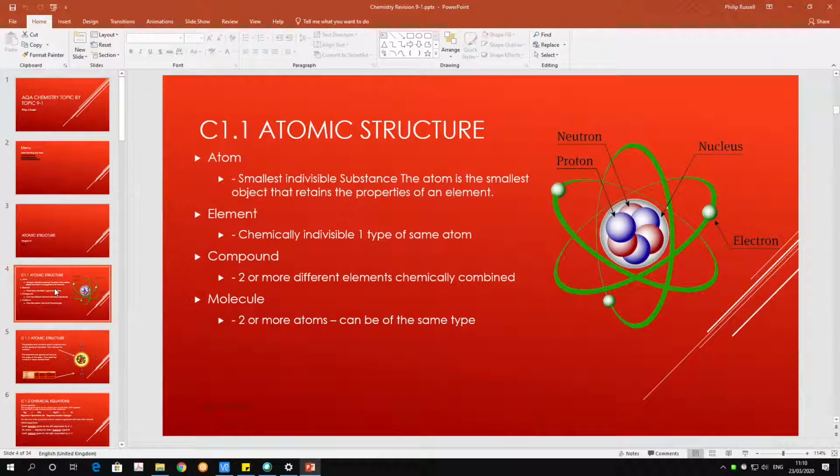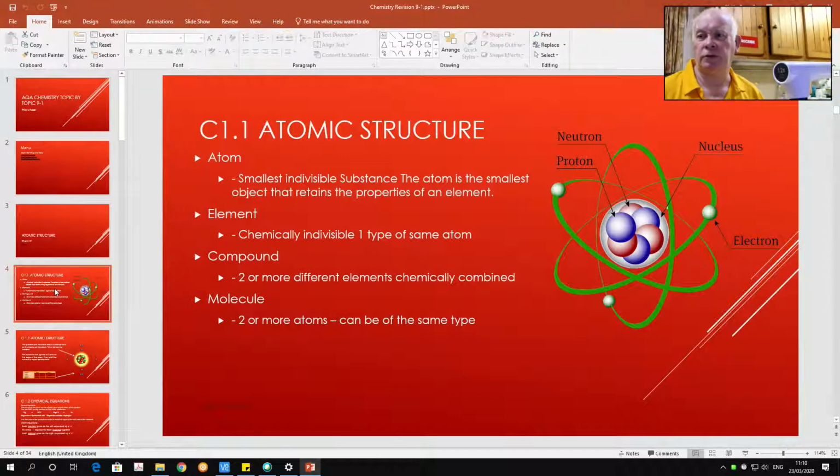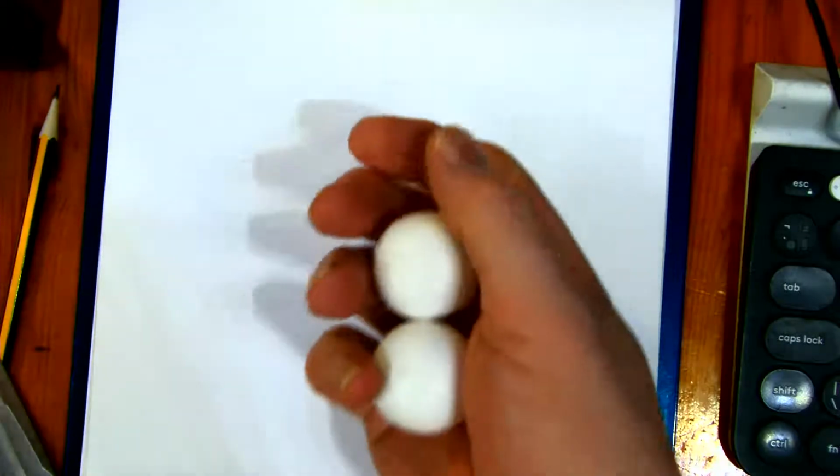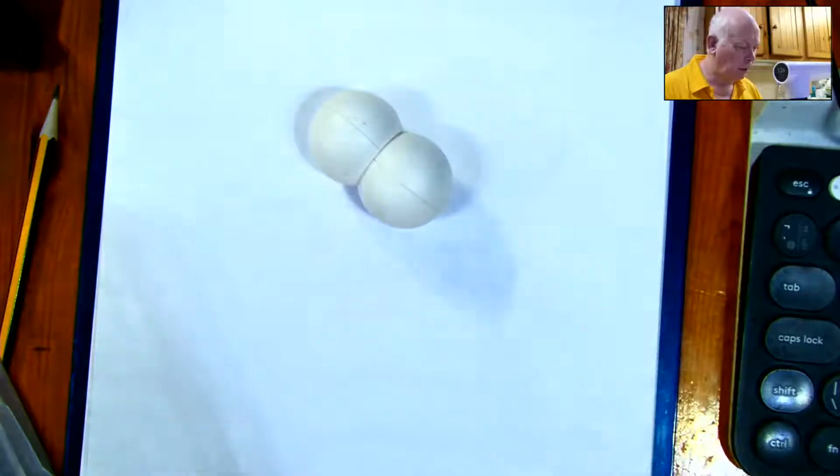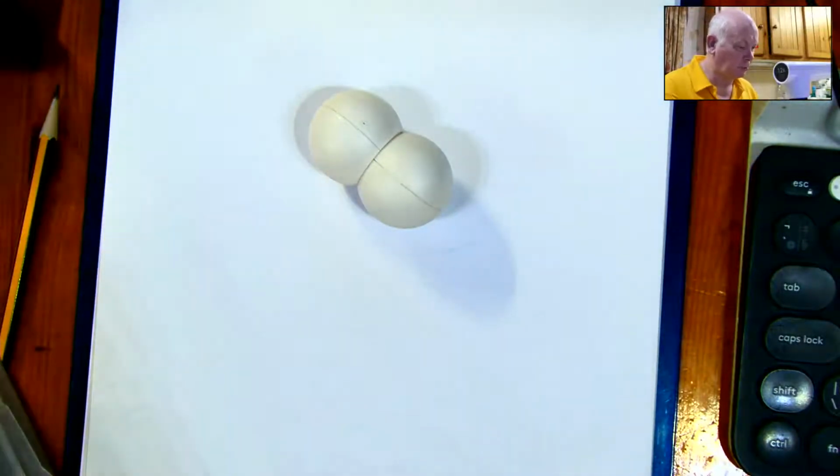So we've got a compound which is 2 or more different elements chemically combined, but we can also talk about molecules. If we look at the screen here, we can see that a molecule here, this is hydrogen, 2 hydrogen atoms joined together. We can also look at perhaps a different one, oxygen.